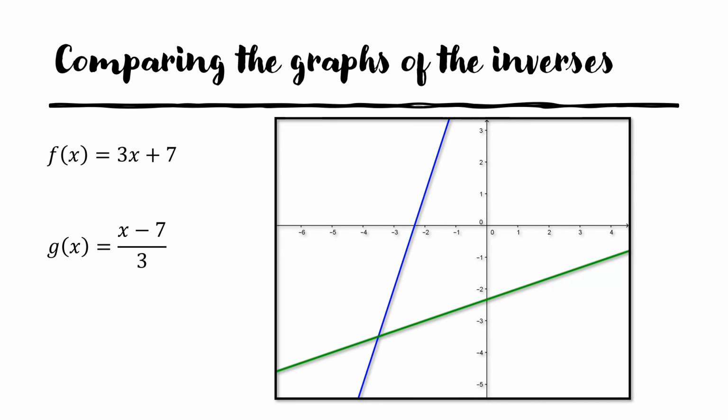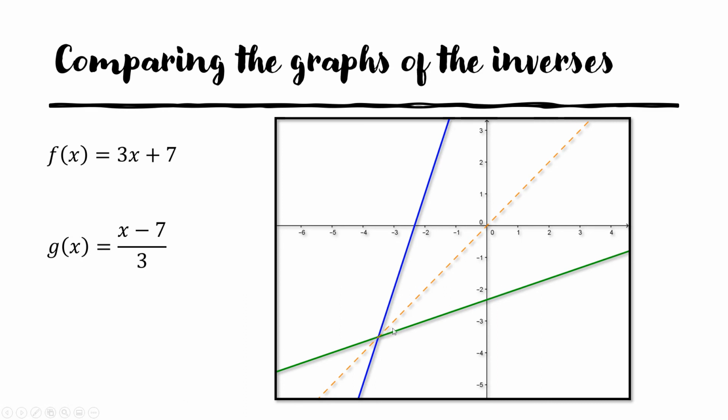Now, to have a clearer comparison, let's draw x equals y. As we can see here, if we fold the graph along this broken line, x equals y, this portion will touch the blue one.